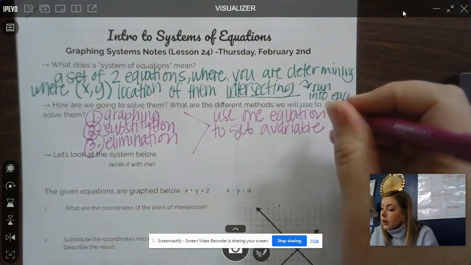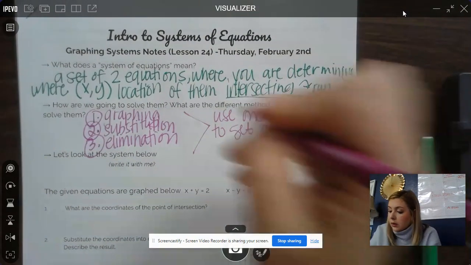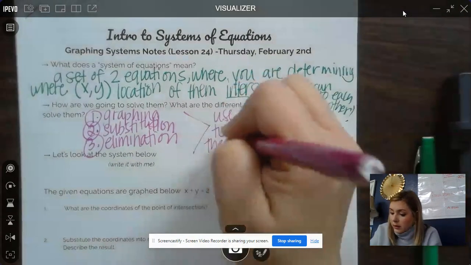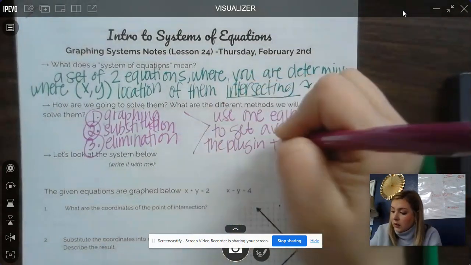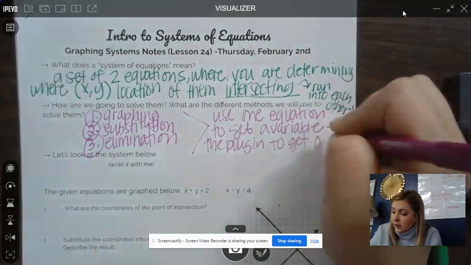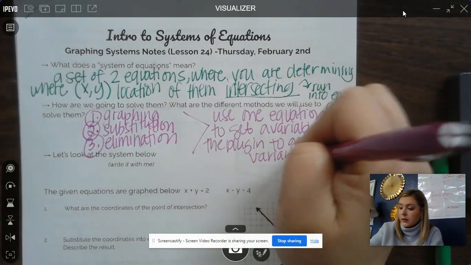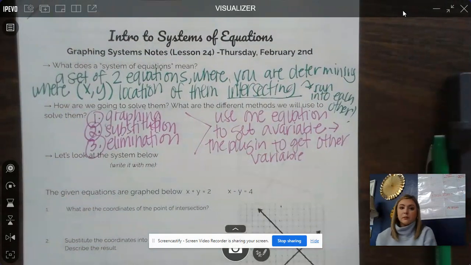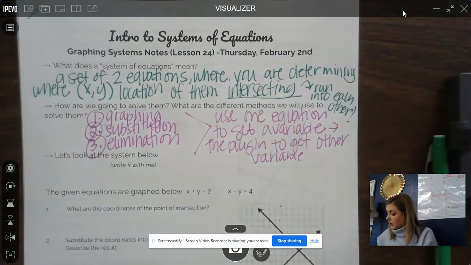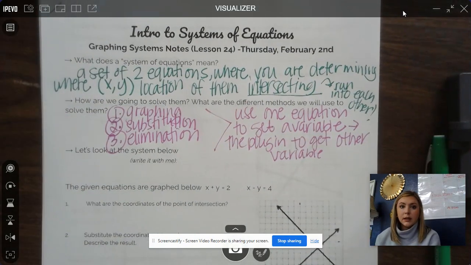So to use one equation to get the variable, then plug in to get the other variable. Okay. I'll give you a second there.